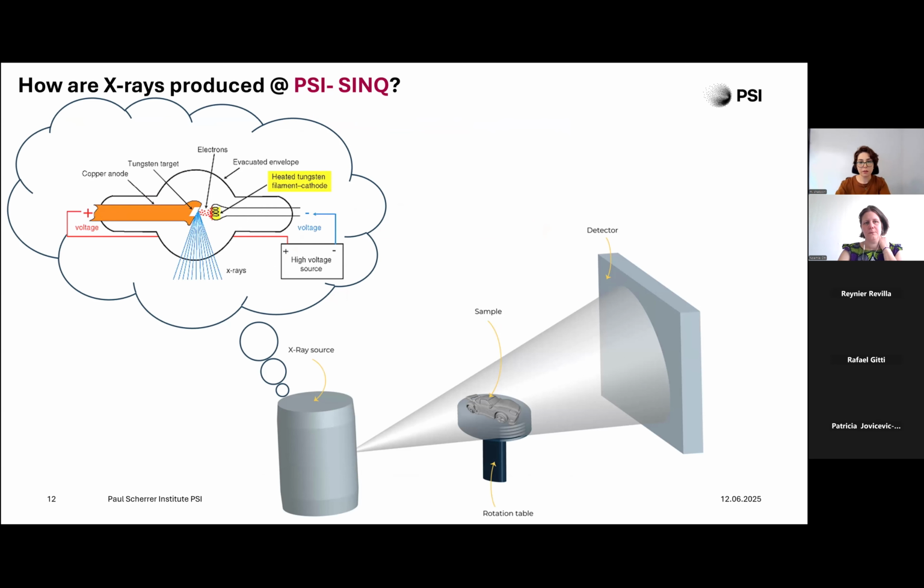So far, we've only focused on neutron production and beamlines, but here at Tsinghua, as I mentioned, we've also integrated lab-based X-ray imaging using commercial tube sources, as you can see in this figure.